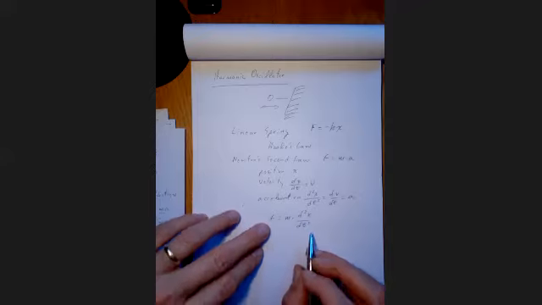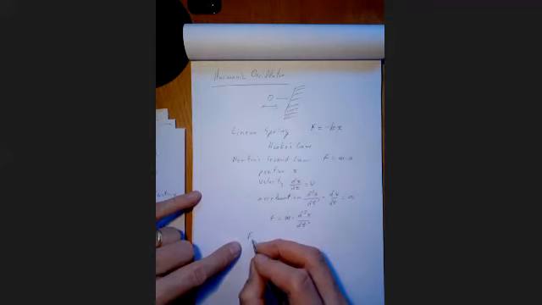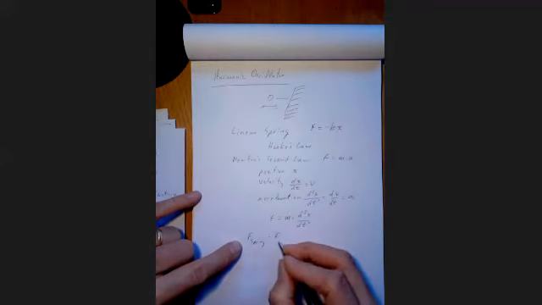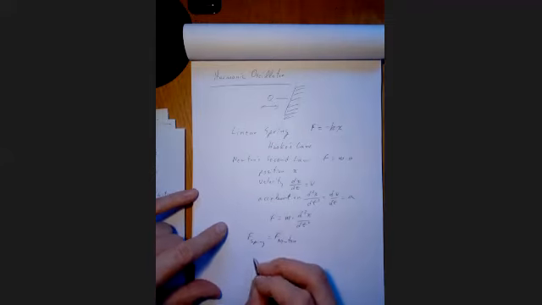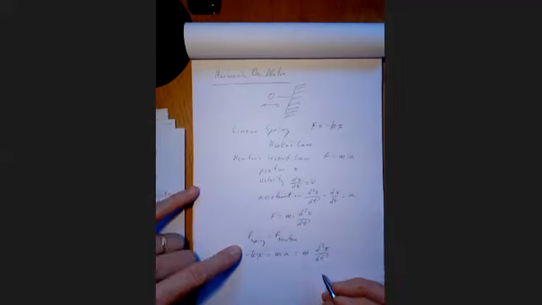And so if we equate these two, force from the spring is equal to force from Newton. This means that the opposite of kx is going to be equal to ma, equal to m d squared x over dt squared.